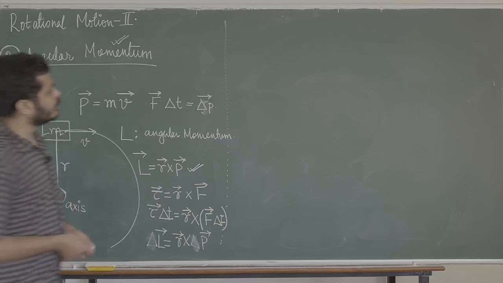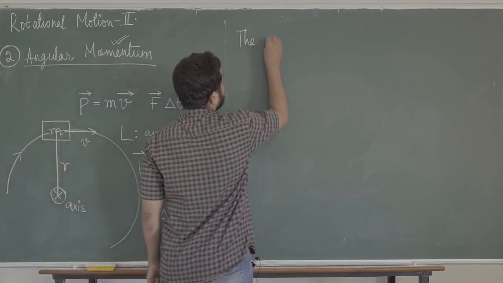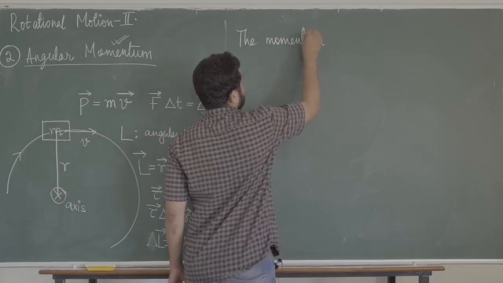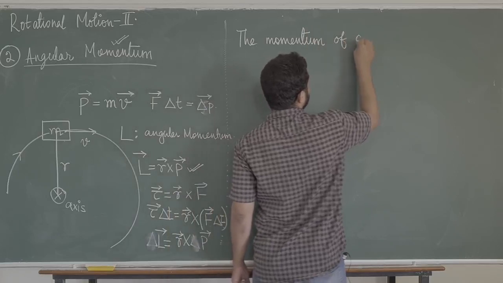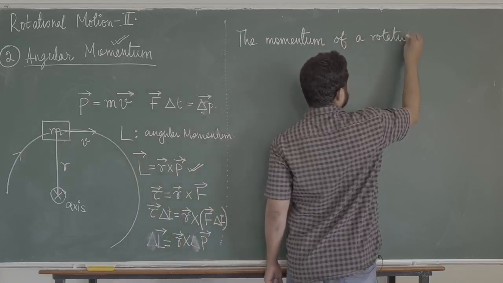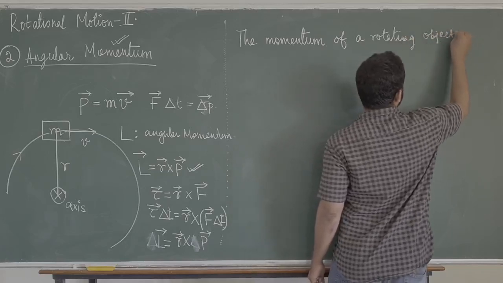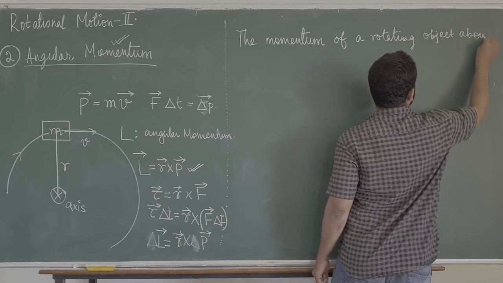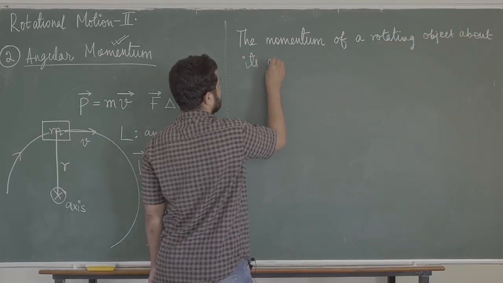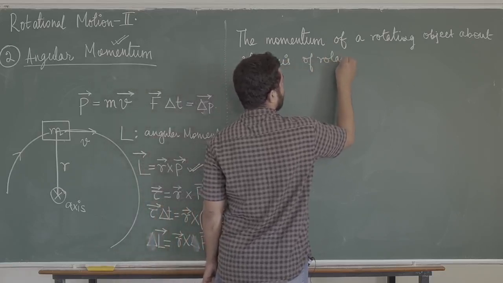If you want to write a definition for angular momentum, the momentum of a rotating object about its axis of rotation is called angular momentum.